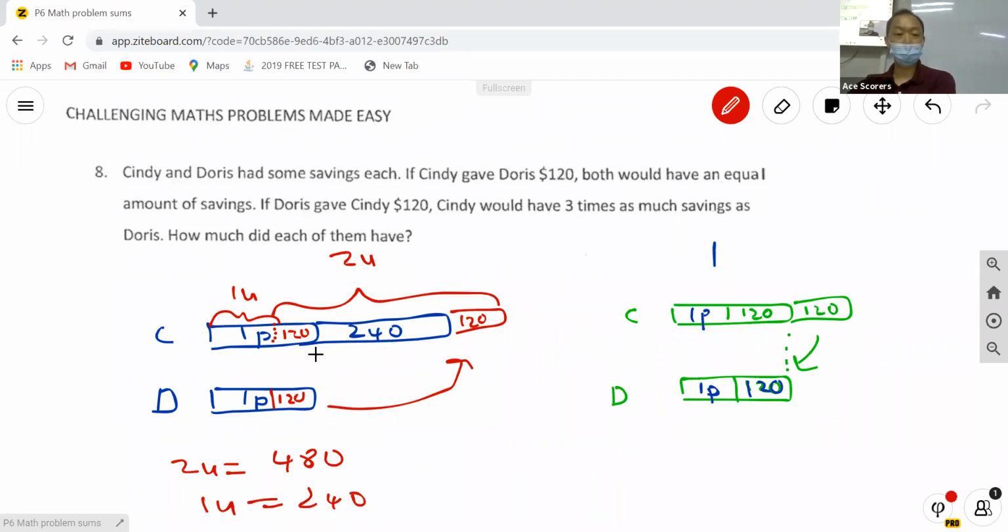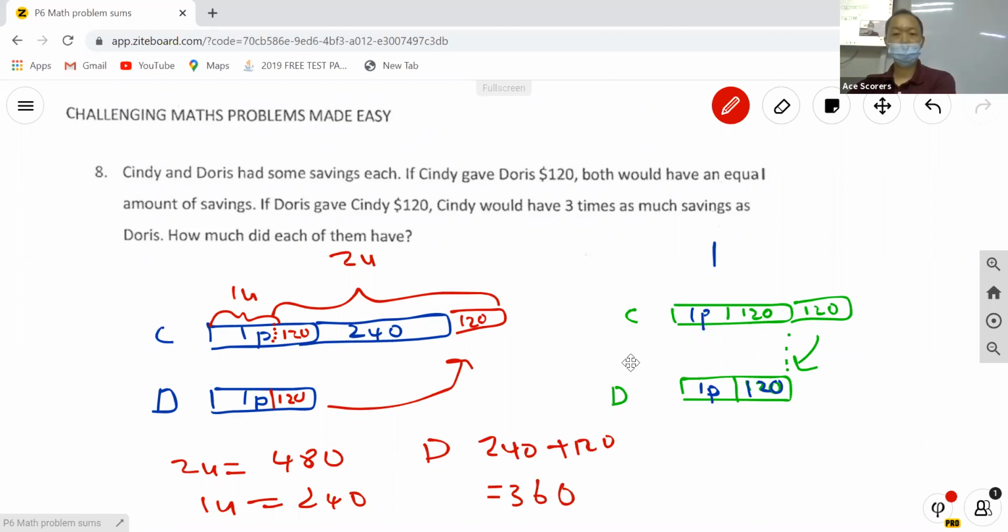How much did each of them have at first? Doris is actually 240 plus 120. So that's $360. Whereas for Cindy is 3 units minus 120.